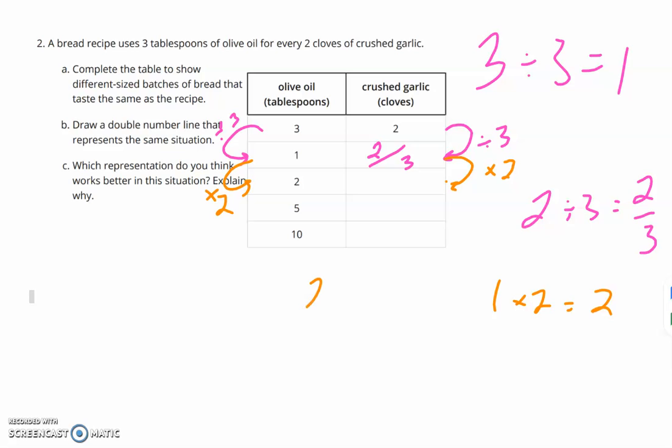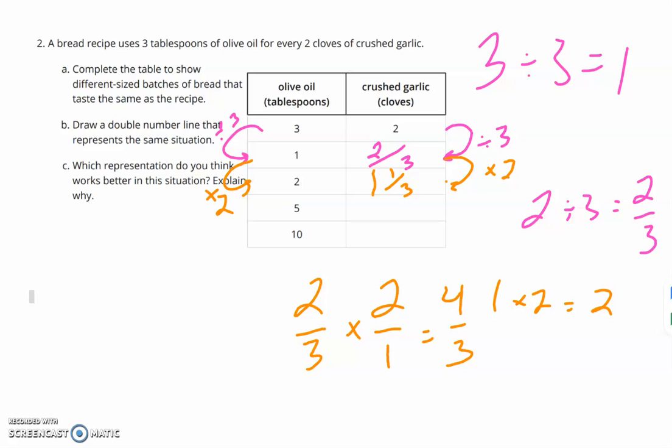I know that 2/3 times 2 equals 4/3, which is 1 1/3.